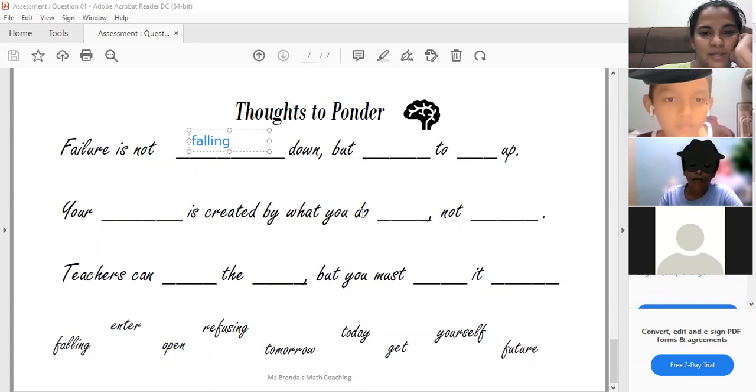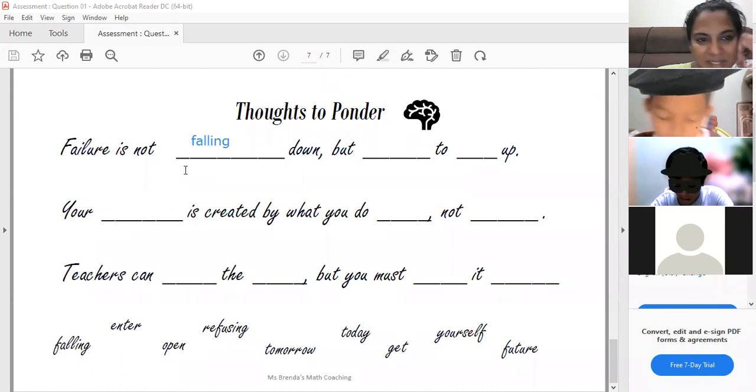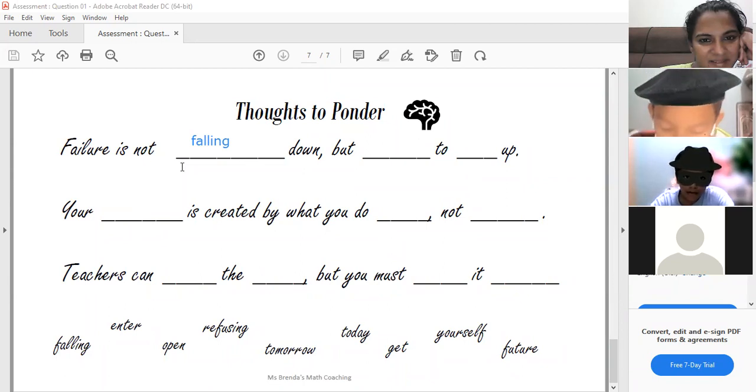Your what is created by what you do? Teacher, failure is not falling down, but refusing to get up. Repeat again. Failure is not falling down, but refusing to get up.